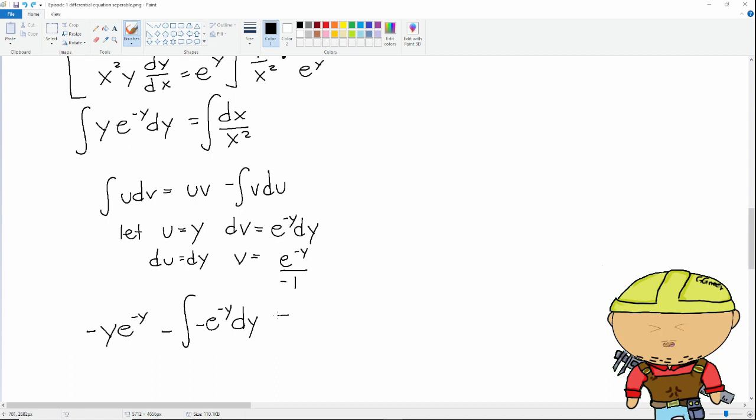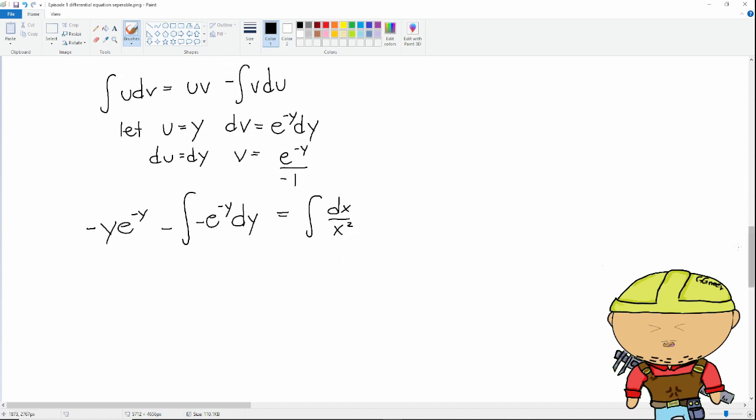Next, on the right side, the integral of dx over x squared. Integrating all the terms, we will have negative y e raised to negative y, positive, since negative times negative is positive, but the integral of e raised to negative y will become negative e raised to negative y, equal to x raised to negative 1 divided by negative 1 plus c.